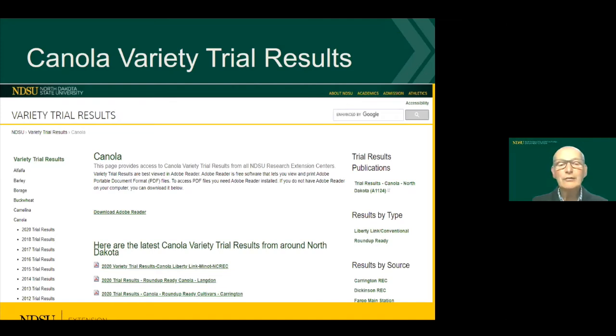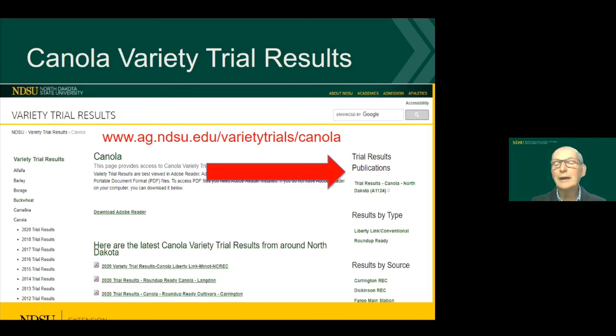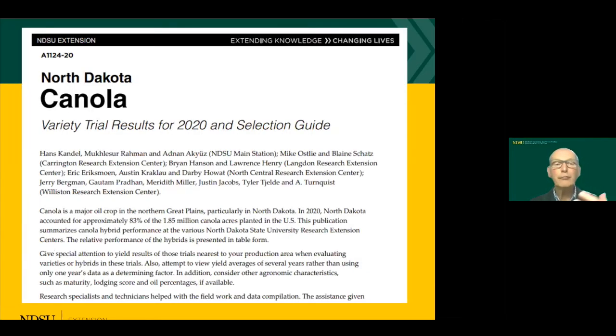And on this slide, you can see we have from each individual site the results, but also we have the results compiled in a PDF booklet that can be accessed by clicking on the link there, and we will get then the PDF with all the trials that were conducted at NDSU over the previous year.